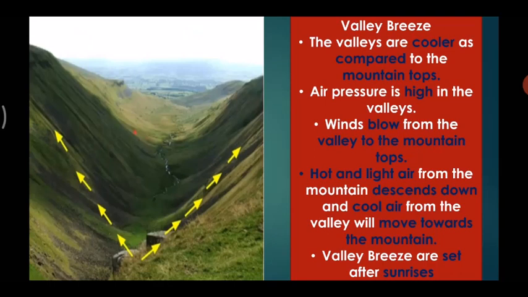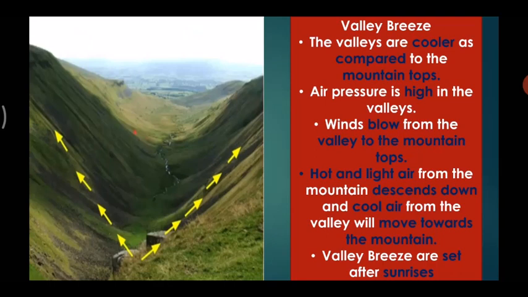And when the air becomes lighter from the top of the mountain, what will happen? It will come down, it will descend down, and cool air from the valley will move towards the mountain. So this is a cycle. It keeps on moving.